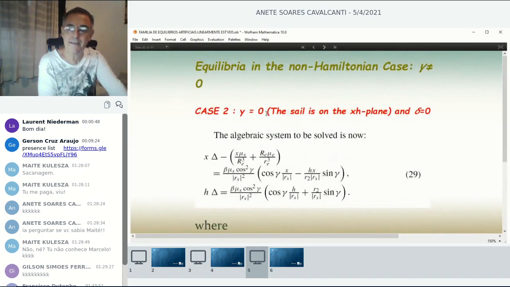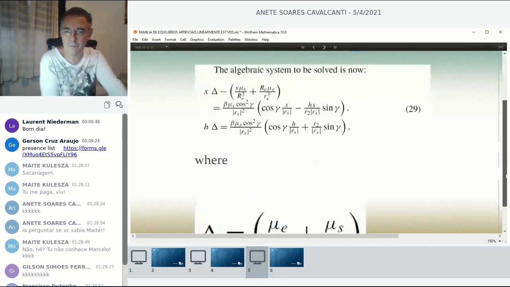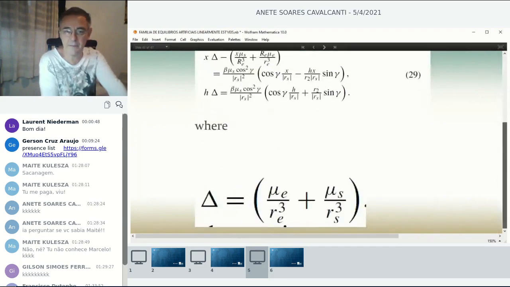Okay, the second case is when y equals 0. So the sail is on the x-h plane. And now when y equals 0, the second equation implies that delta equals 0. And the algebraic system to be solved in order to find the equilibria is given by equation 29, where this big delta is given by this equation here.